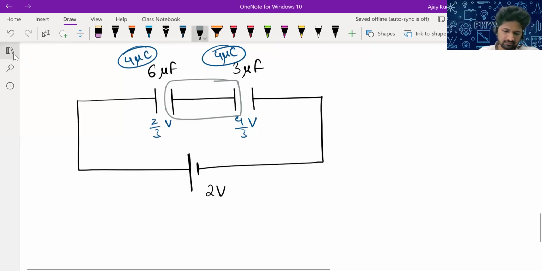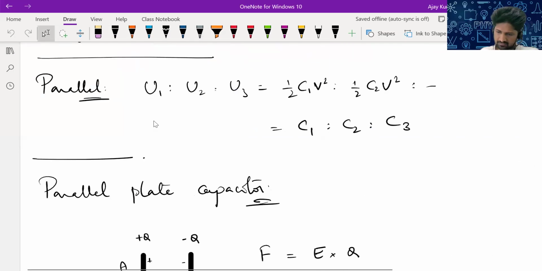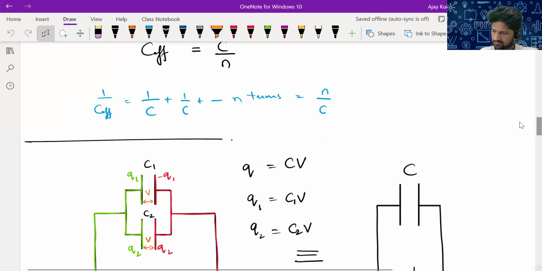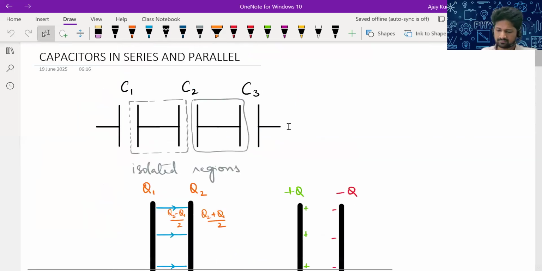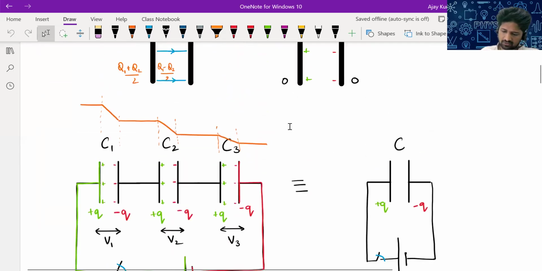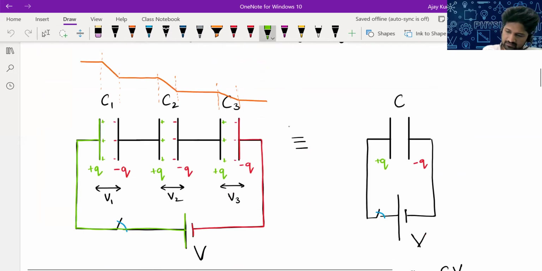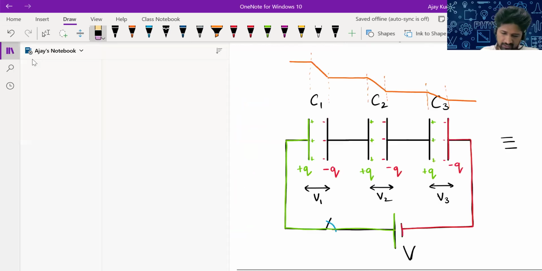When we discussed combination of capacitors, that's the first thing I told you. If isolated regions are neutral, then only you will get charges like this: minus Q on one, plus Q on the next one. Again, minus Q on one, plus Q on the next one. Okay, it's important to keep that point in mind.